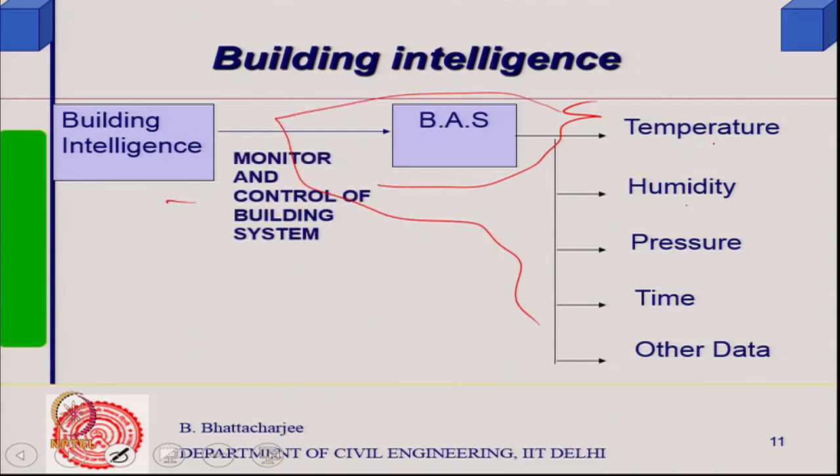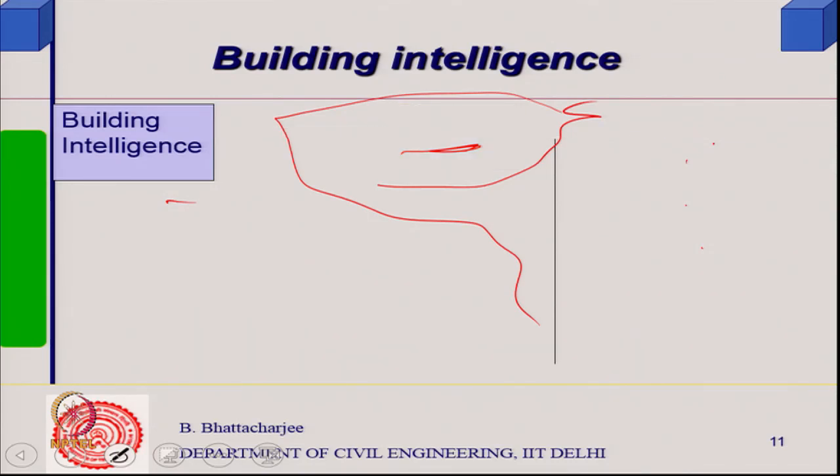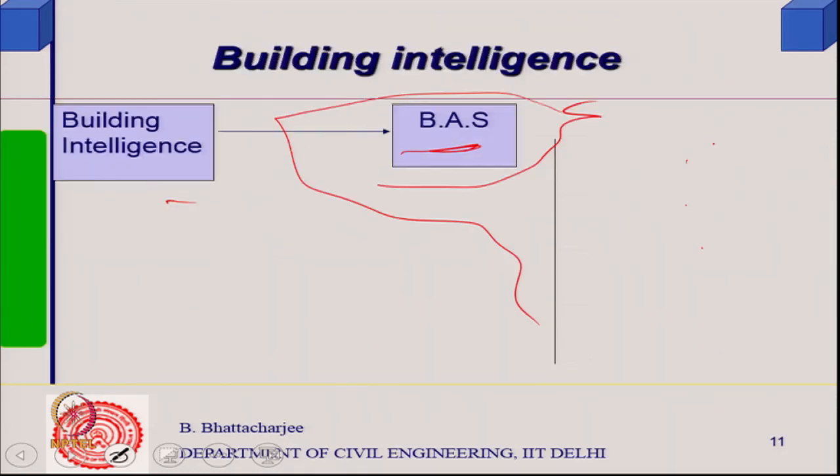So, the building automation system will monitor all the data, actually temperature, humidity, pressure, time, or whatever you desire, and then that builds an intelligent system. So, therefore, if I look at it, this is the data acquisition, then telecommunication system, office automation system, and other systems, all systems are automated, and that results in an intelligent building. So, that is what it is.